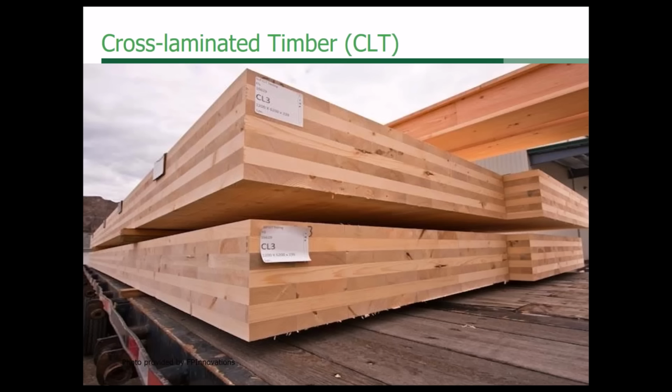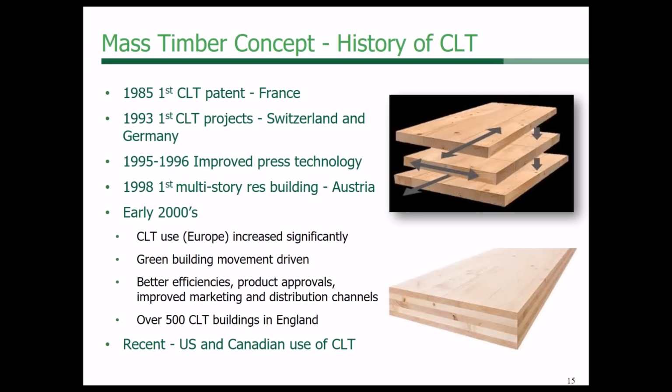So what are we talking about today? We're talking about cross-laminated timber, and this is a picture of cross-laminated timber. There was a patent in France dating back to 1985. It's been used in Europe since 1993 on projects all made out of CLT, and then increased significantly in the 2000s.